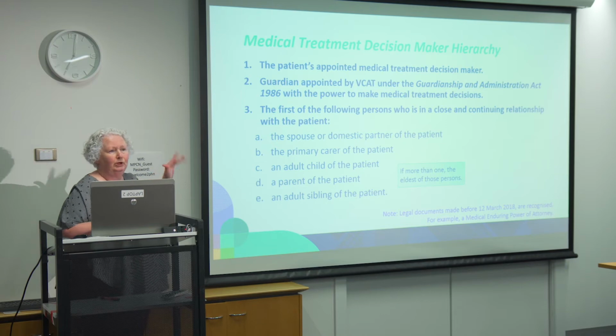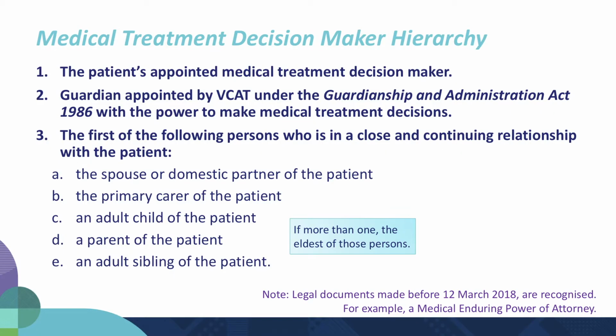So being a hierarchy, it means you start at the top with number 1 and you work your way through the list until you find the first person who is reasonably willing, available and able to make decisions on behalf of the patient. So at the very top of the list is their appointed medical treatment decision maker. But if they don't have someone who's been formally appointed, the next question is to ask, do they have a guardian that's been appointed by VCAT to make medical decisions on their behalf?